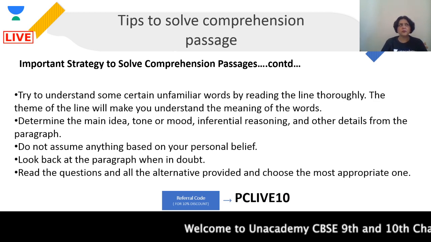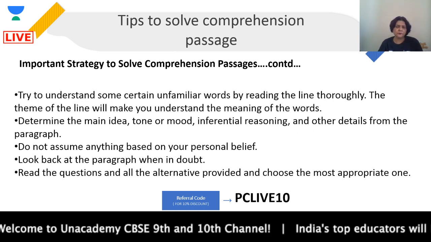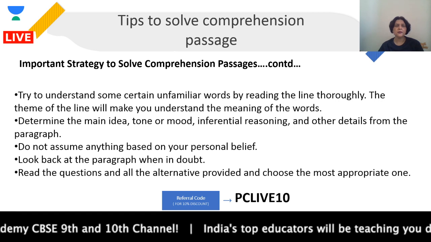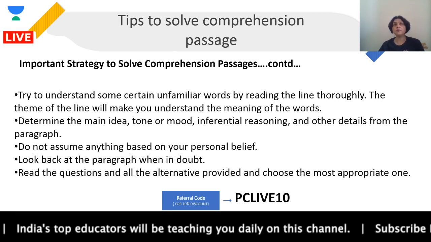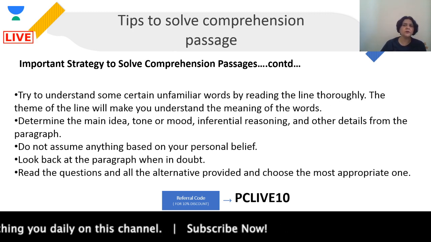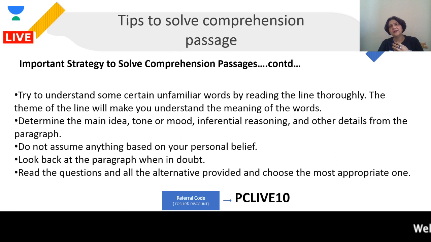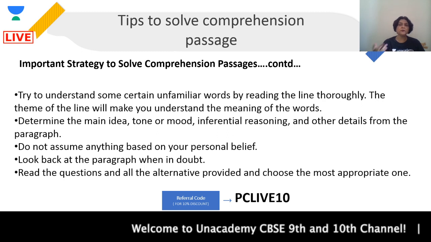Now, the unseen comprehension is a completely new thing to you. So here the first point, I am saying it from the point of view of the questions which ask the synonyms or the meanings of words. You will have to read a lot to familiarize yourself with new words.